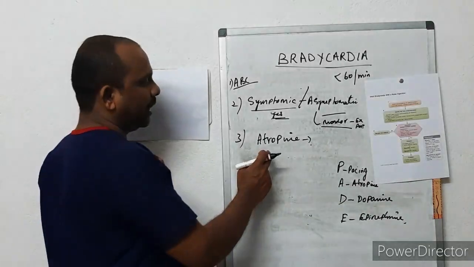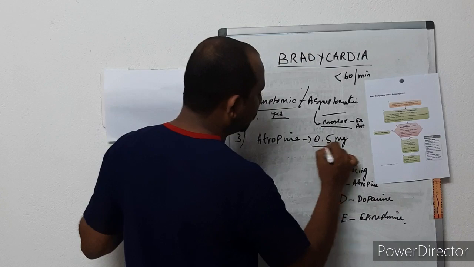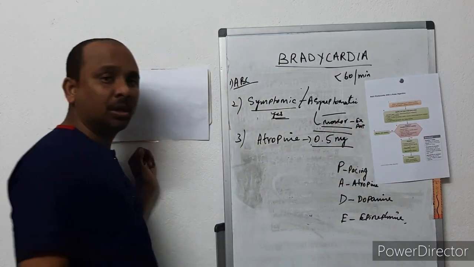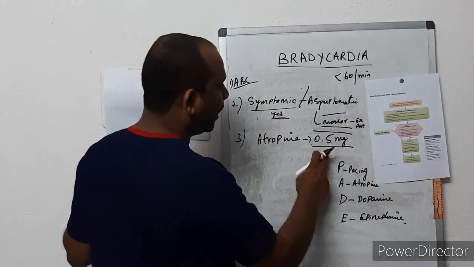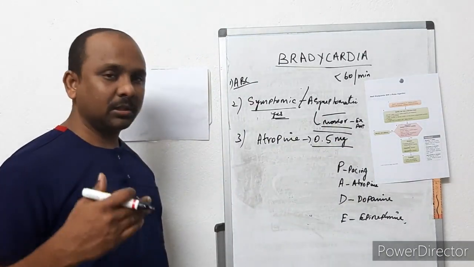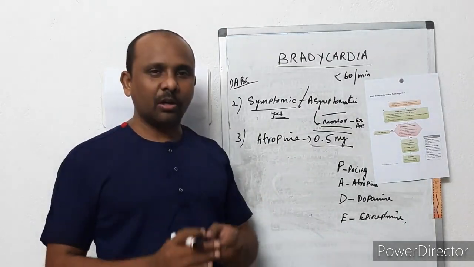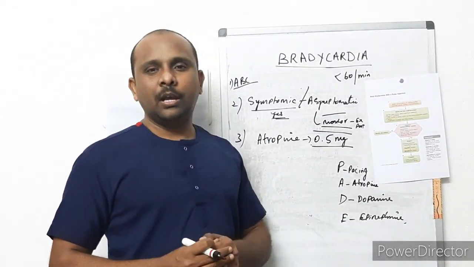How much atropine do we have to give? 0.5 mg atropine IV bolus. It's an IV push, no need for dilution or anything, you just push the atropine.